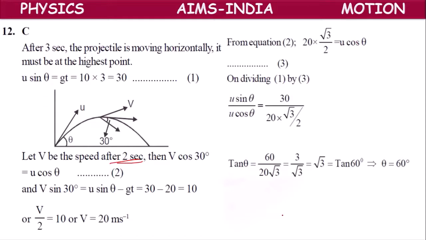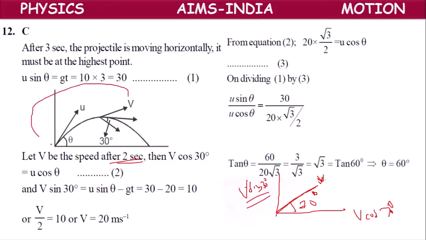It can be resolved into two components: v cos 30 along the horizontal, and v sin 30 along the vertical.